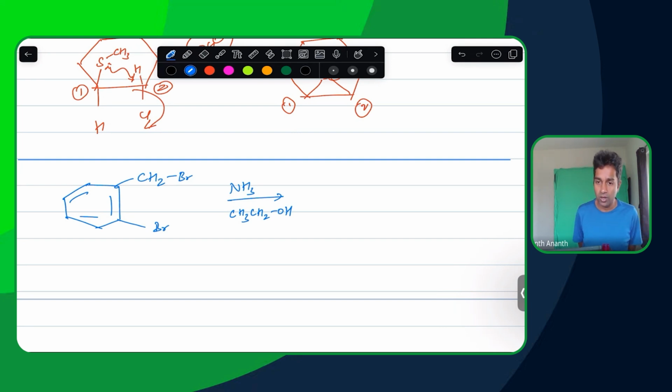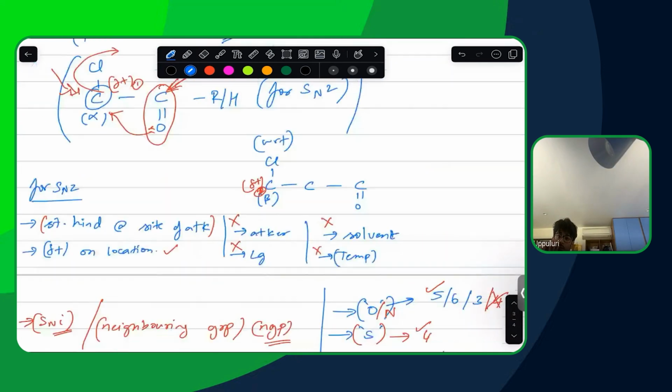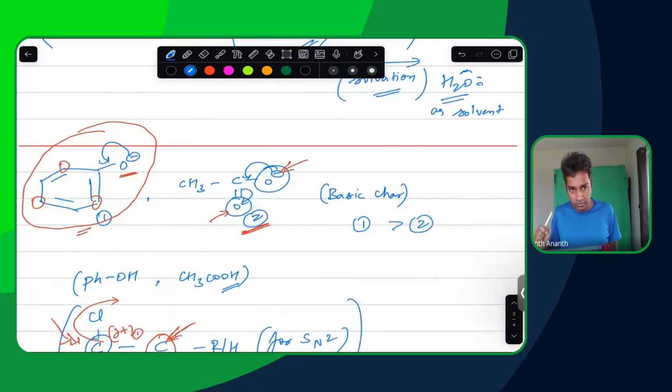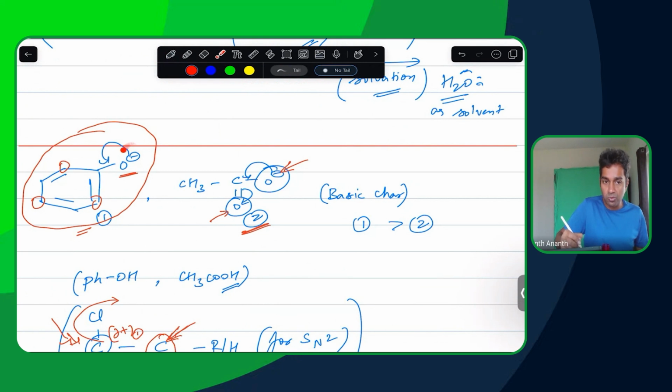That is why in the phenoxide ion case, I mentioned that the ring is a better location as a nucleophile. You remember this phenoxide ion case? Why did I mention the ring is better? Because the carbon will be less solvated. This O minus ending here is going to be much more solvated, whereas these locations are not going to be that well solvated.